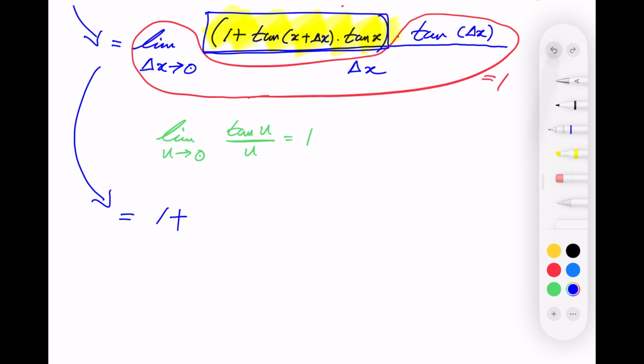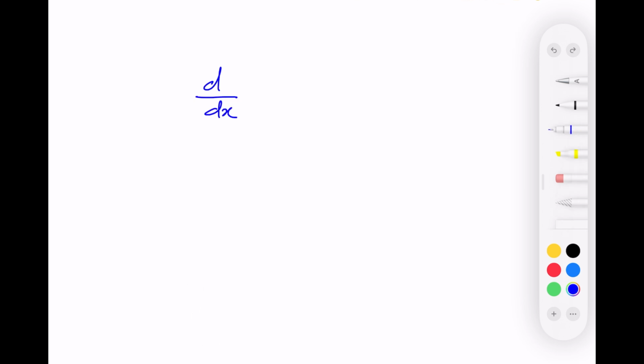When those two are multiplied, we get tangent squared x. Now, what is this? From the second of the three Pythagorean identities from trig, we know that this is equal to secant squared x. We completed the derivative of tangent x with respect to x. This is equal to secant squared x. This is also one of the very important results of differentiation. Thank you so much.